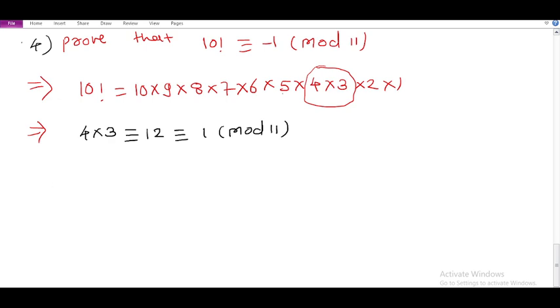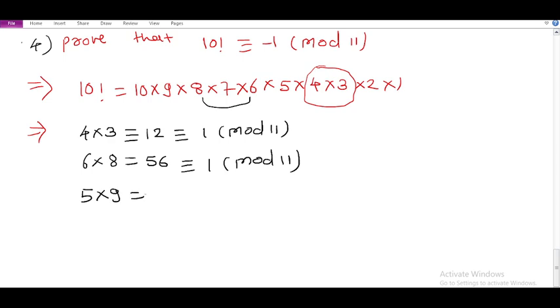Then next, if we take 7 into 8, which is equal to 56, which is congruent to 1 mod 11. Next, if we take 5 into 9, which is equal to 45, which is congruent to 1 mod 11.